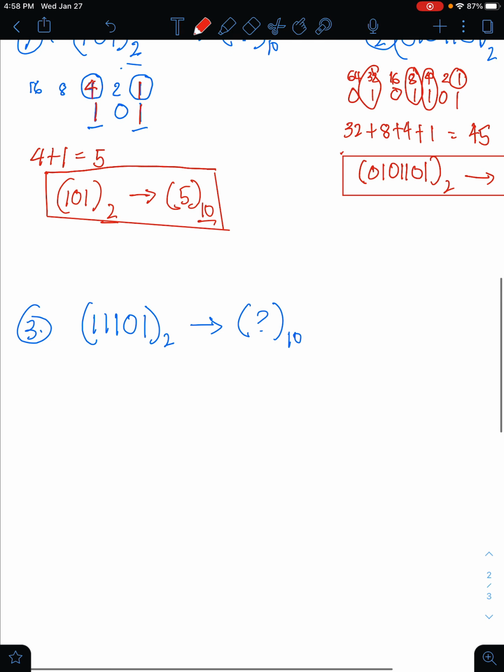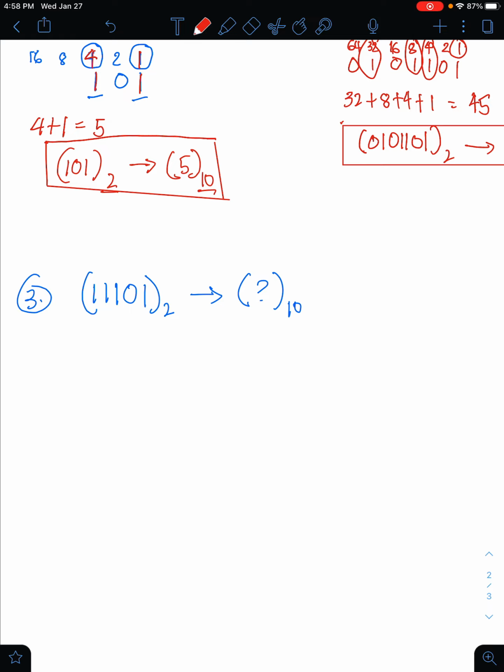Okay. Now for number 3. 11101 base 2 to decimal. Okay. So same thing. So 1, 2, 4, 8, 16, 32. Okay? 1, 0, 1, 1, 1. So we disregard 32. Once again, we will be adding the numbers which are in the on state.